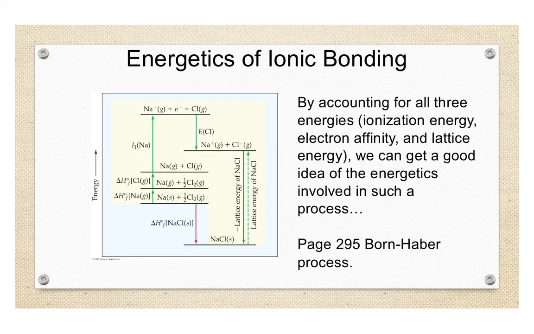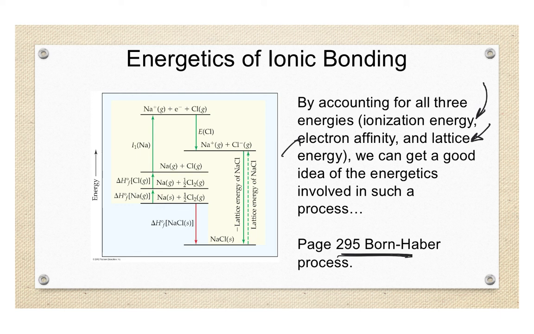endothermic. All right, so by accounting for all three energies, the ionization energy, the electron affinity, and the lattice energy, we can get a good idea of the energetics involved in such a process. You can think about the Born-Haber process that we have on page 995, or either of the processes that we talked about in the POGL.